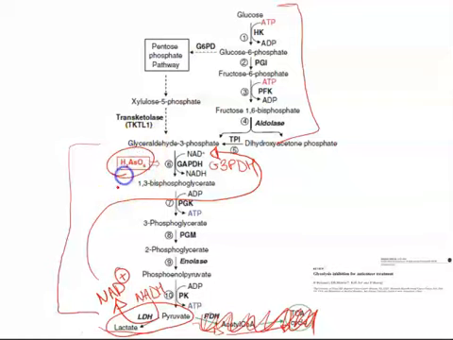Arsenate is a strong inhibitor of glyceraldehyde 3-phosphate dehydrogenase because we have that deprotonated cysteine that is important at the active site of glyceraldehyde 3-phosphate dehydrogenase, and that can be complexed by many different metals.